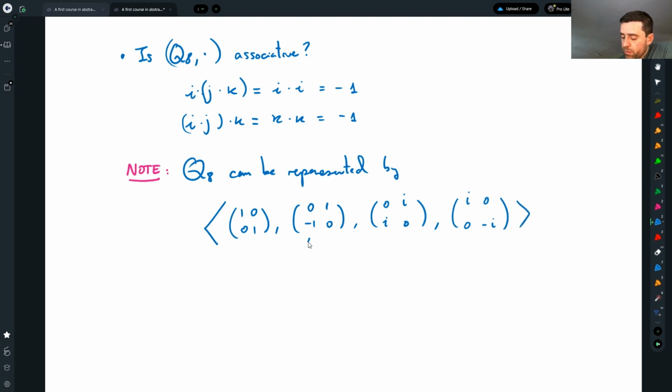I'm going to call these matrix I, this matrix J, and this matrix K. And then this is the subgroup generated by these matrices inside GL2 under the complex numbers.